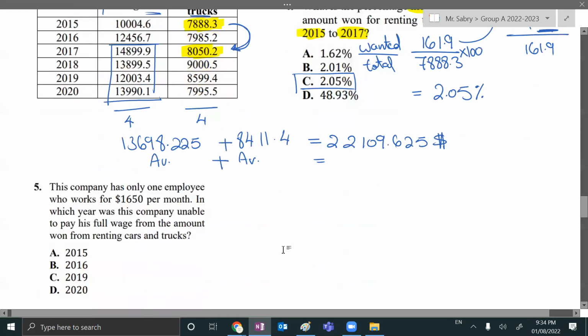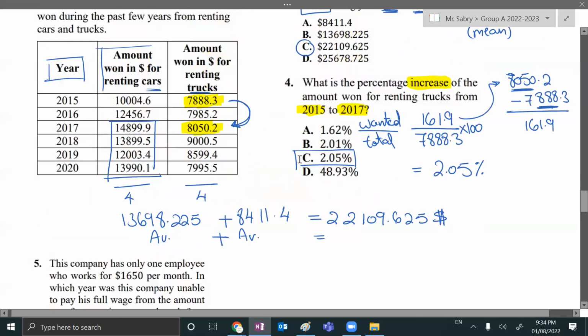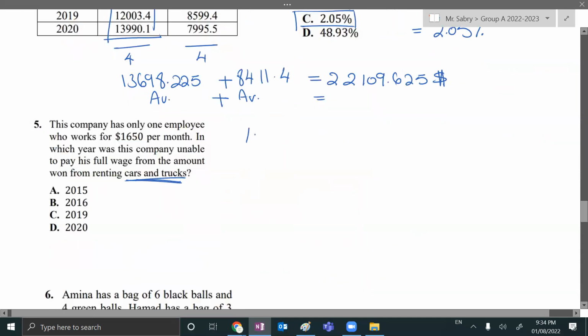Let's check finally number 5. This company has only one employee who works for 1,650 per month. In which year was this company unable to pay his full wage from the amount won from renting cars and trucks? Remember, one year has a total of 12 months.